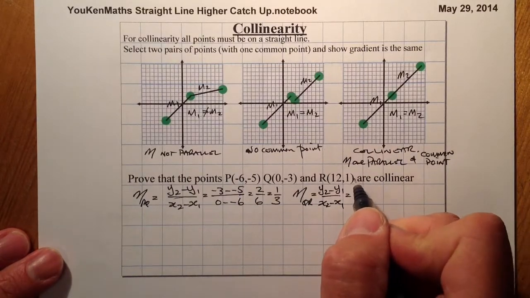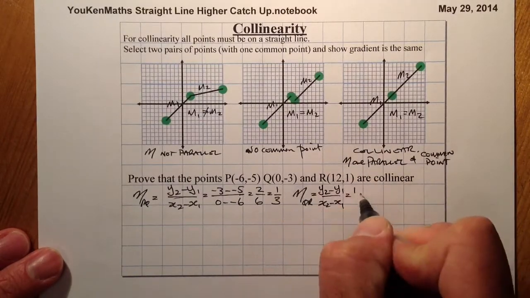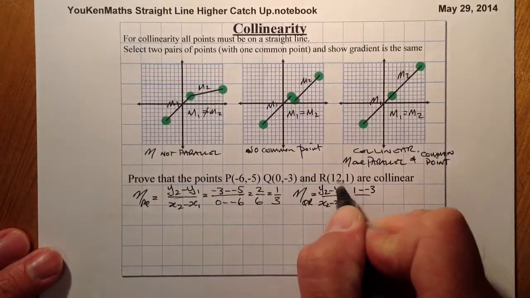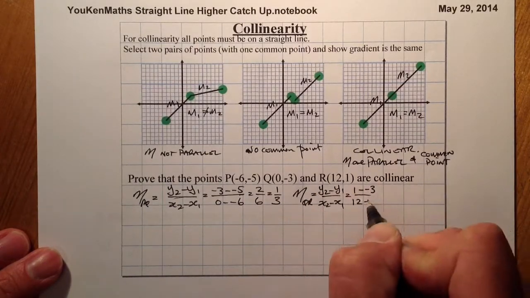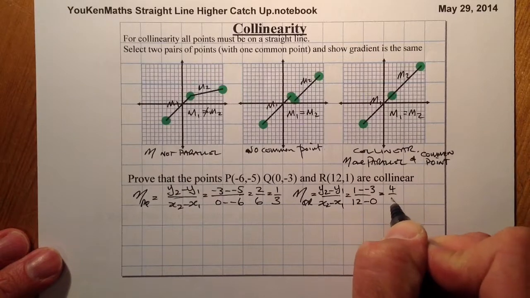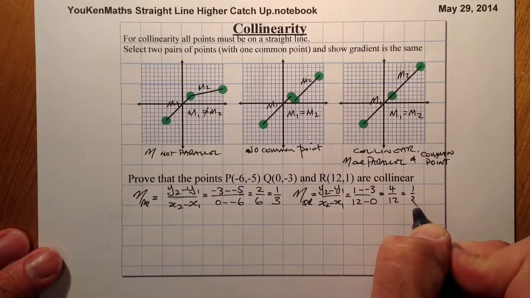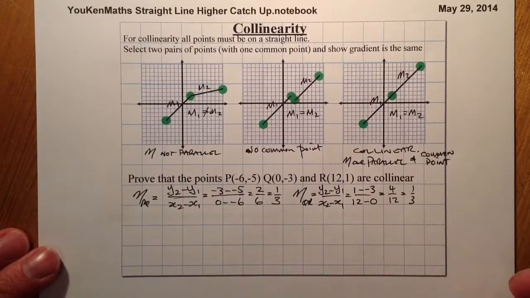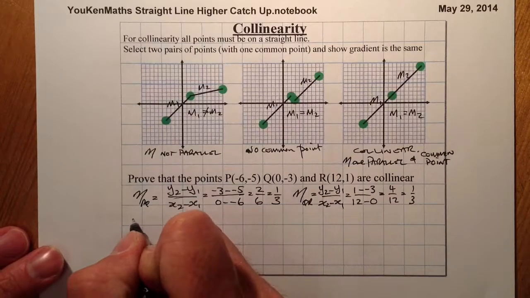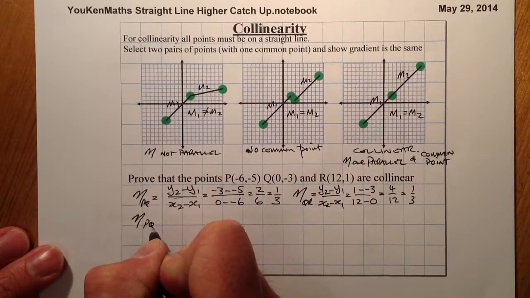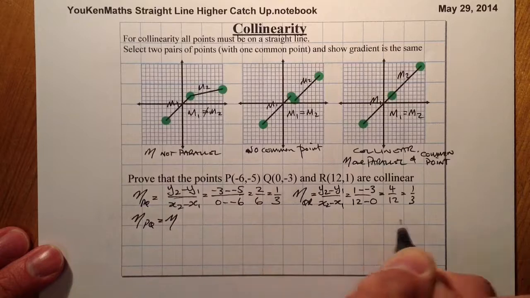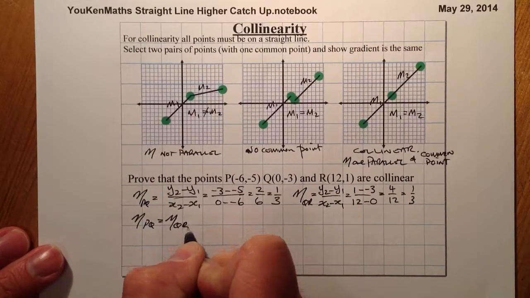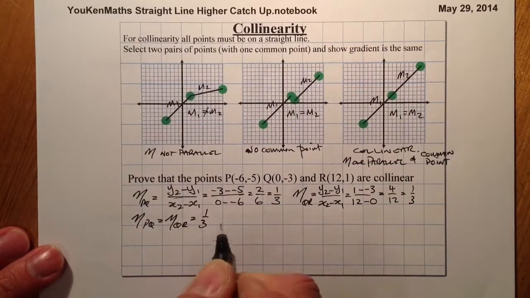We're going to start with this point here, so it's 1 take away minus 3, and I've got 12 take away 0, giving me 4 over 12, simplified down, a third. So both the gradients are the same. The gradient of PQ is equal to the gradient of QR. They're both a third.